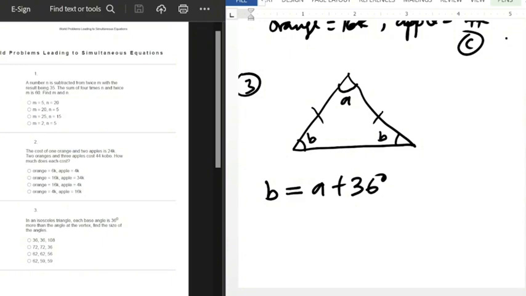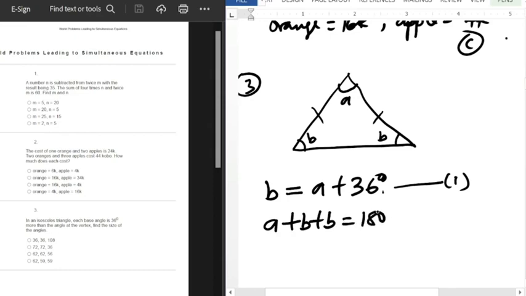Now the next thing is the sum of angles. So this is going to give us equation 1, right? Now sum of angles in a triangle is 180 degrees. So that means A plus 2B equals to what? 180 degrees.